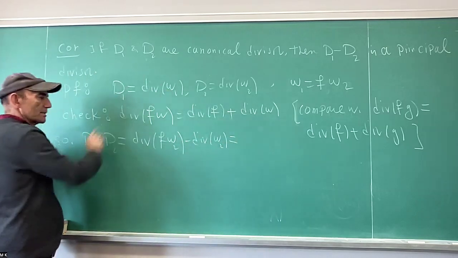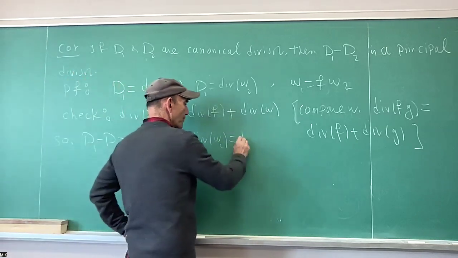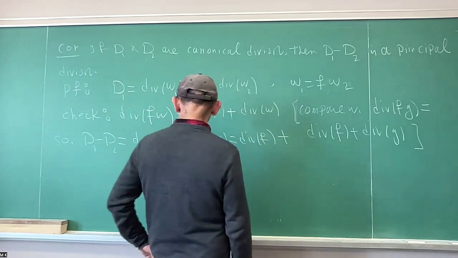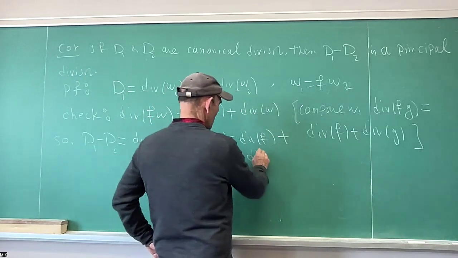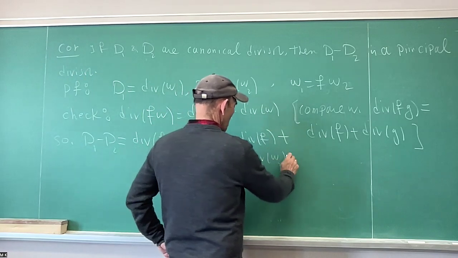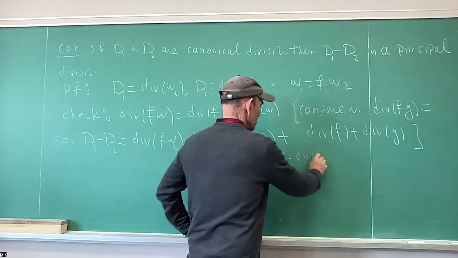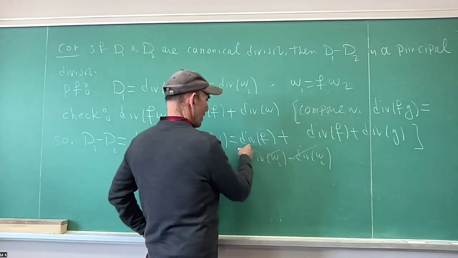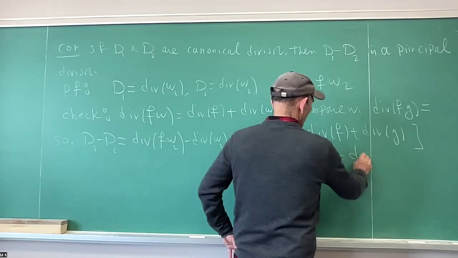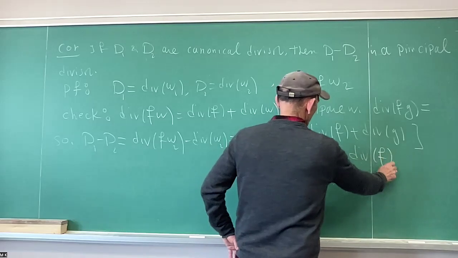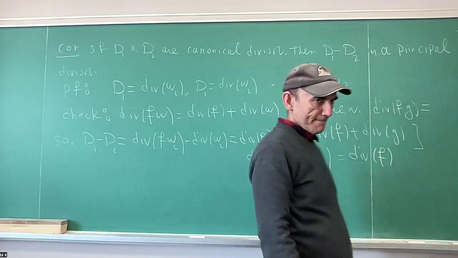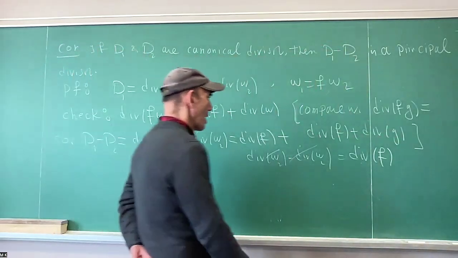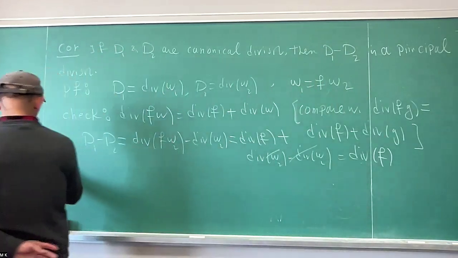If we use this fact, this is equal to the divisor of F plus the divisor of omega 2 minus the divisor of omega 2. And you see that they cancel, and you're left only with the divisor of F. And this is a principal divisor, i.e. the difference is a principal divisor.